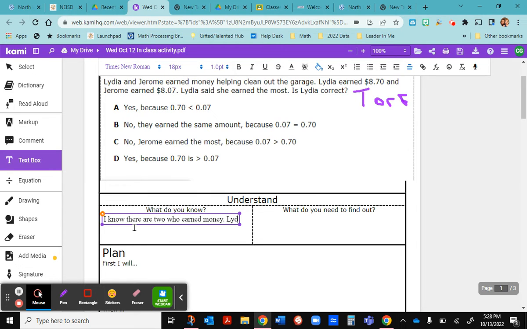I know that Lydia earned $8.70, and I put my little dollar sign. I need you to think it out and say it out loud, because the moment you say it out loud, your ears are able to pick up what you're saying, input that back into your brain, and it helps you sort the information so that you have a better understanding.